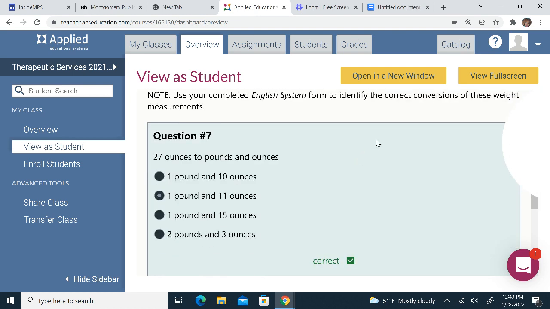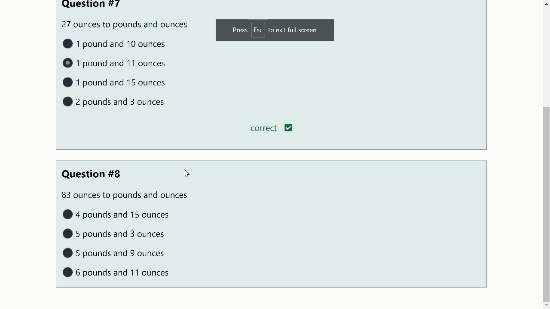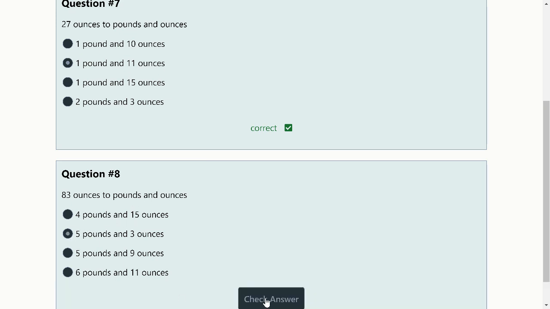Okay, let's look at the next one: 83 ounces to pounds and ounces. 5 pounds, 3 ounces. What? So 83 ounces to pounds and ounces.